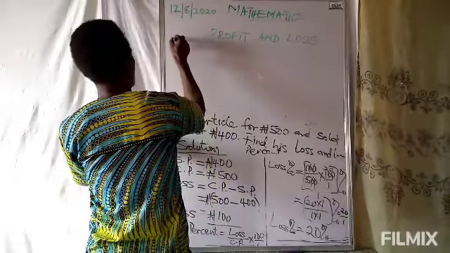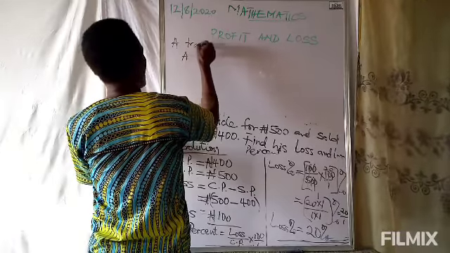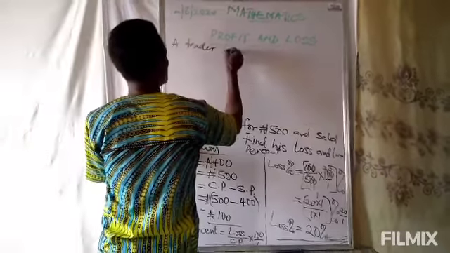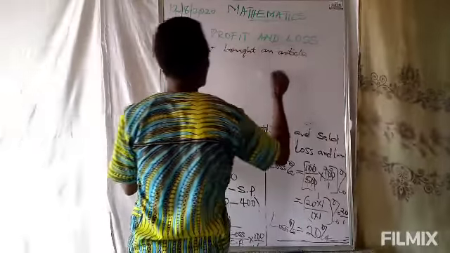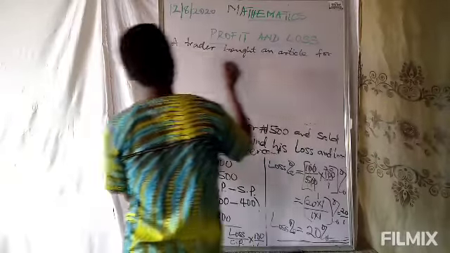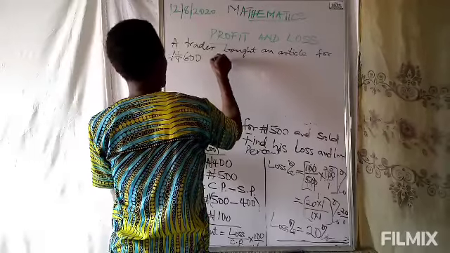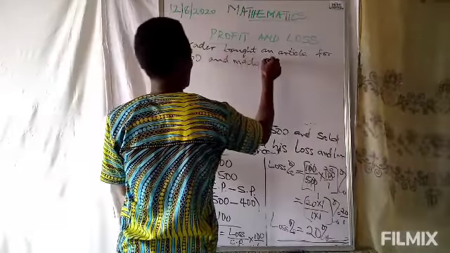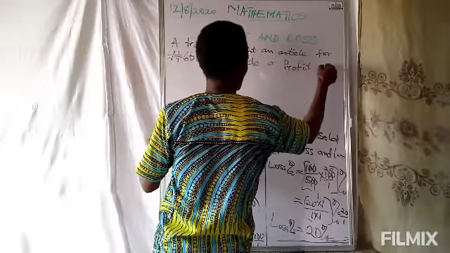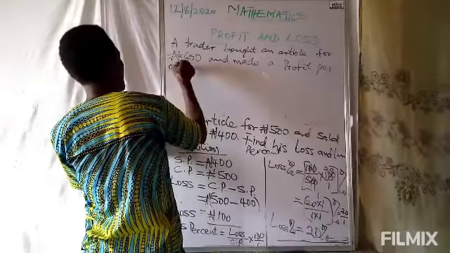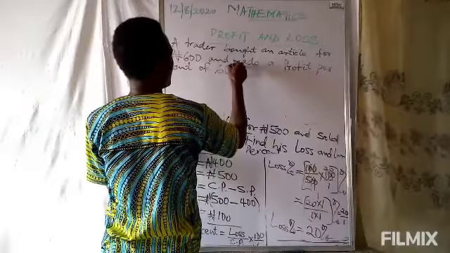A trader bought an article for 600 naira, and made a profit percent of 60%.